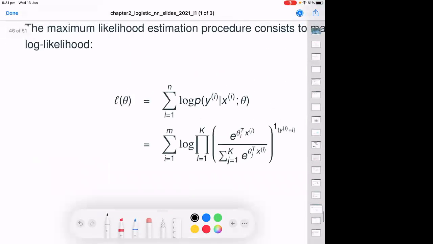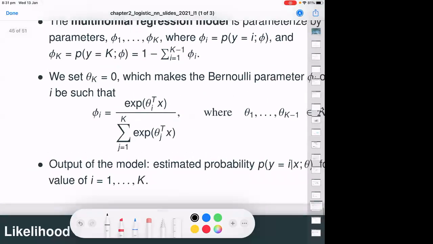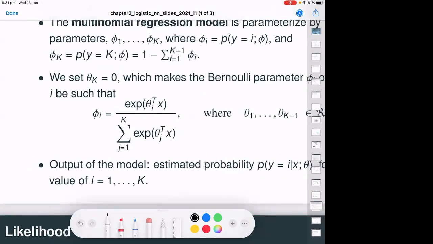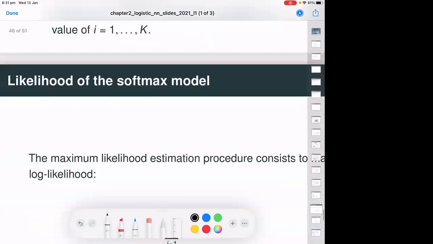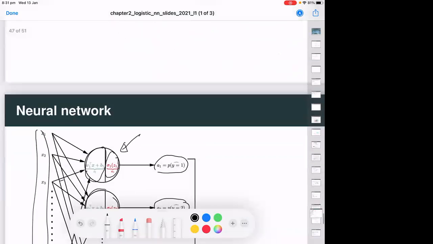The probability of each activation is given by this: on the numerator, the exponential of the linear part of the neuron, but on the denominator, to normalize so that the sum of the probabilities is equal to 1, we divide by the sum over all the neurons. So the neurons are not independent.